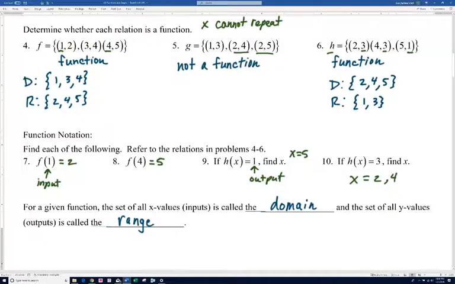I do want to point one other thing out here. We said 5 was not a function. It turns out there's a technique, or I should say there's a rule when we're dealing with graphs to determine whether a graph represents a function or not. So let's go ahead and graph number 5. If I graph these 3 points, they look like this.